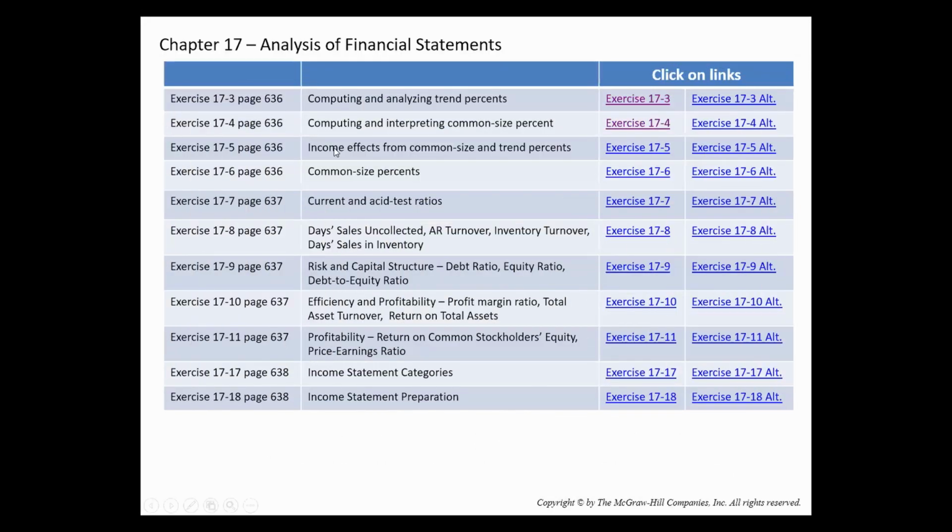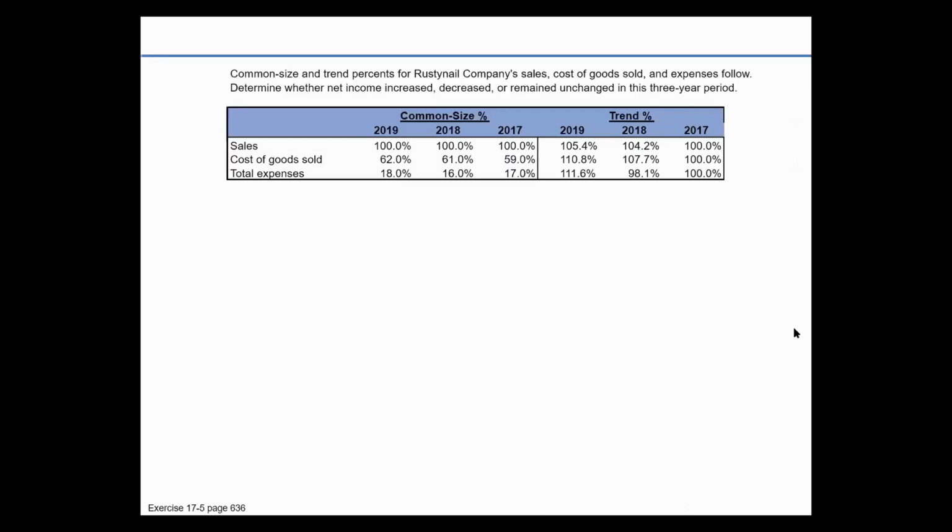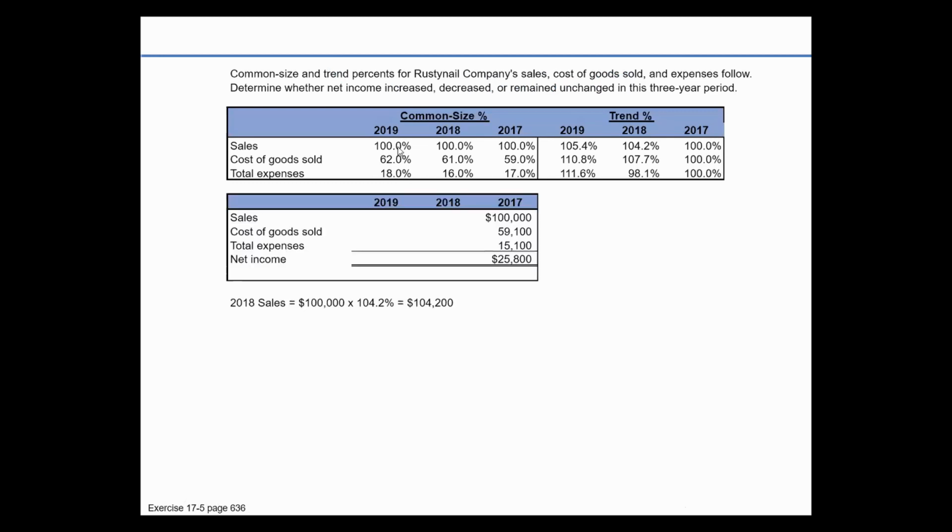Next is income effects from common size and trend percents. So common size and trend percents for Rusty Nail Company's sales, cost of goods sold, and expenses follow. Determine whether net income increased, decreased, or remained unchanged in the 3-year period. You can take the percents, and then if you have the base year, you can then figure it out.